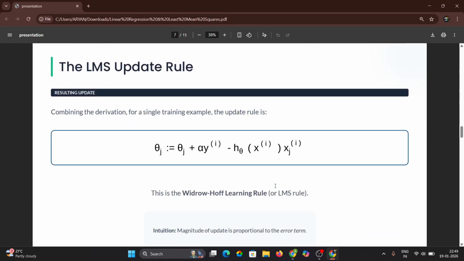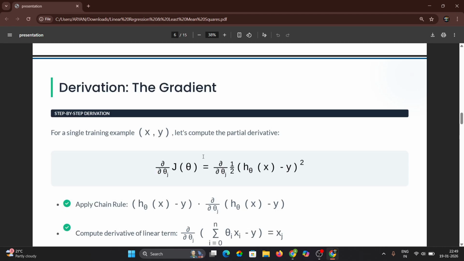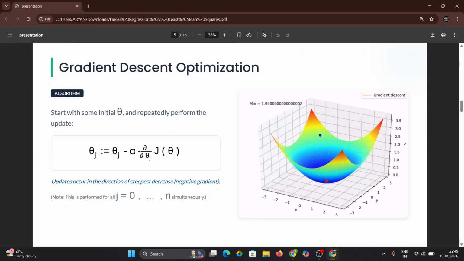Now, combining the derivative for a single training example, the update rule is theta j equals theta j plus alpha times (y_i minus h theta(x_i)) times x_j^i. What is happening here? When we differentiate this value, we put it here.